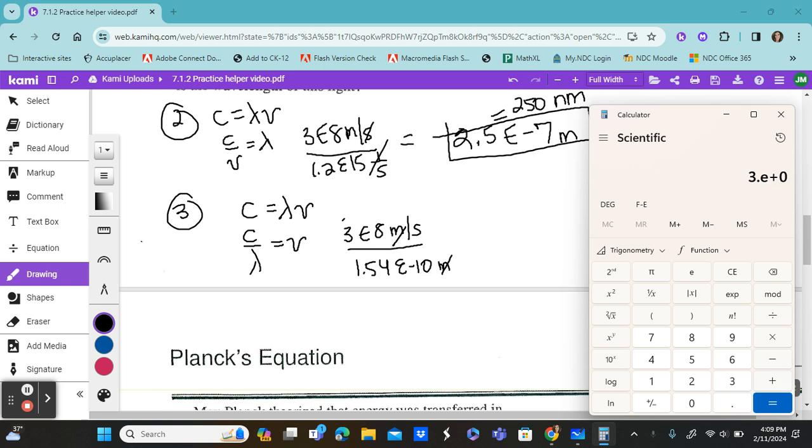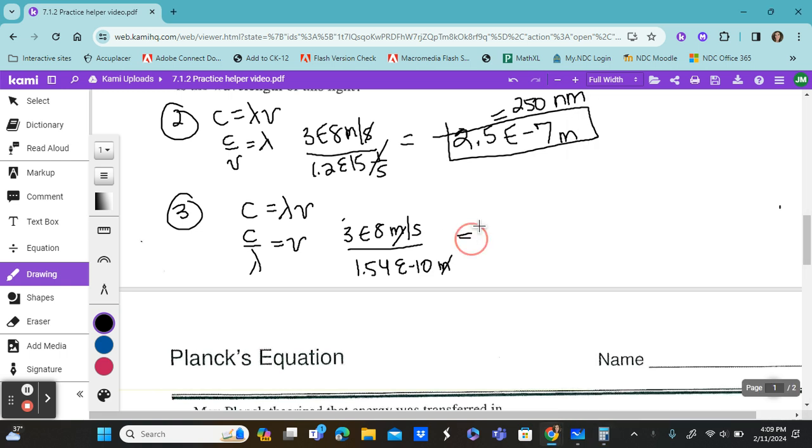3e8 divided by 1.54e-10. All right. Again, I'd put this in changer mode, make sure it's in scientific. That is actually 1.95e21. And notice I'm reflecting as far as sig figs what they give me in the problem.